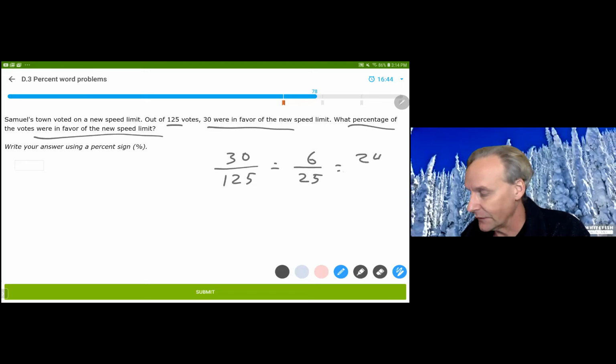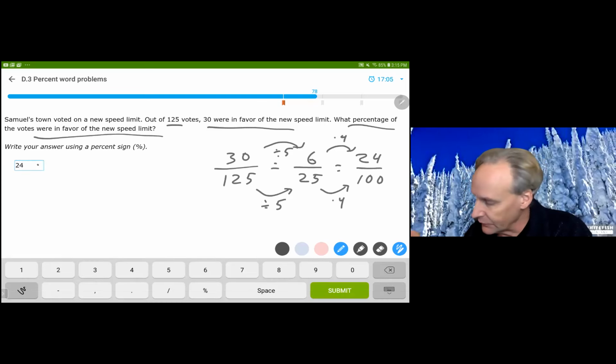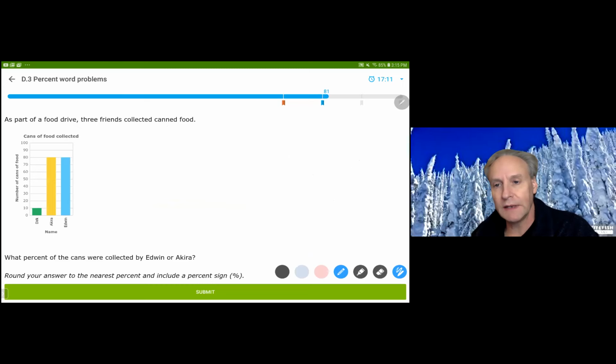That's 24 over 100. I hope it's clear why I did what I did. I knew that I could easily divide by 5, and then I knew I could easily multiply by 4. But there are other ways to go, and of course, a lot of people are just going to simply grab their calculator every time. I don't recommend that. There's a lot of reasons, but mainly I want to play with numbers, and the more you play with them, the better you get at it.